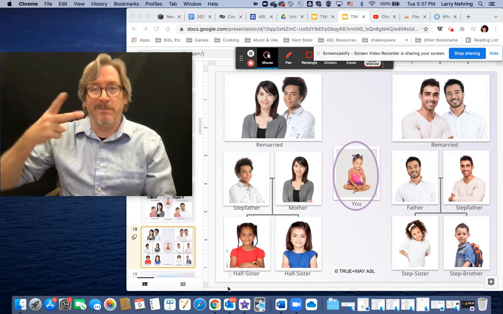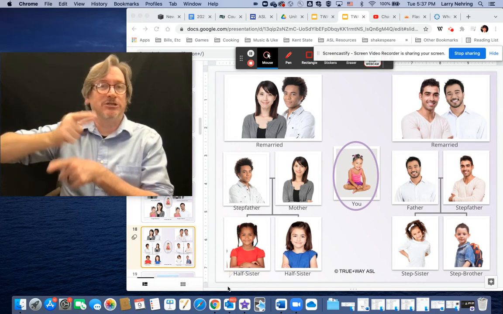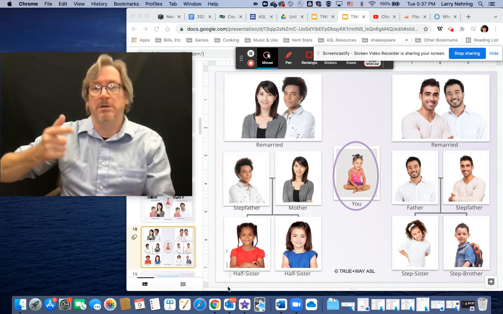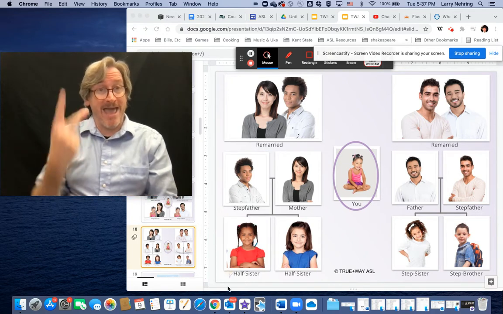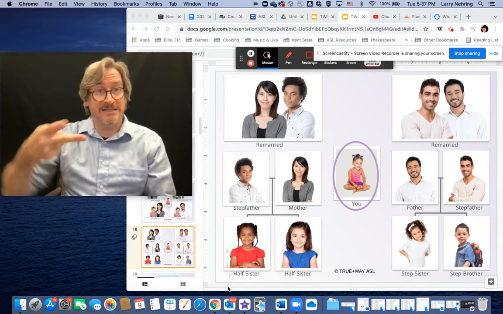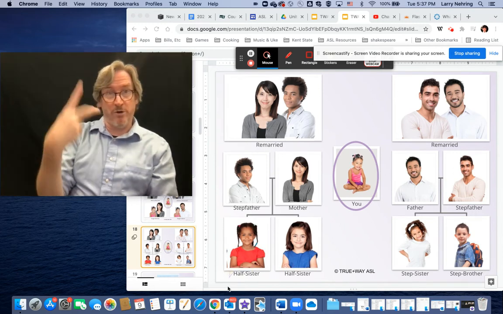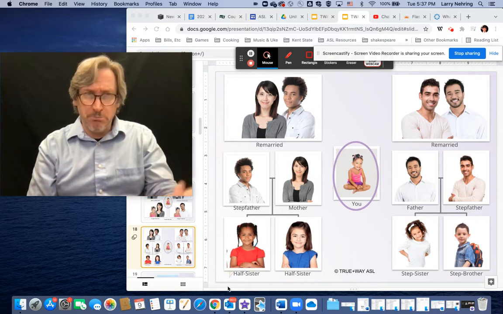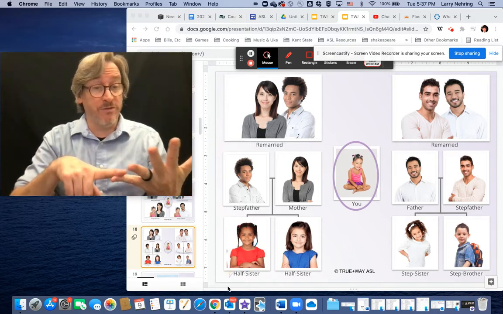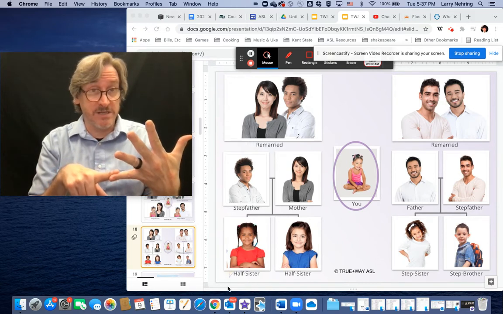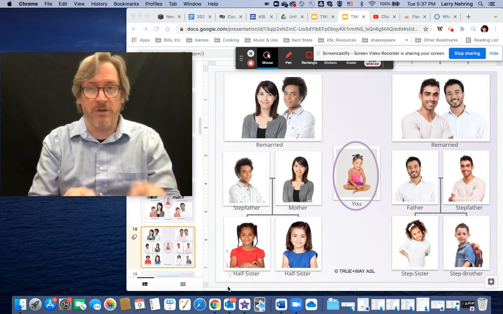Or sister, second sister, step sister, step brother. So half, step. Makes sense? Second versus half. And again, check out both the vocab, the Anki deck for this, and also the what's the sign for other variations.